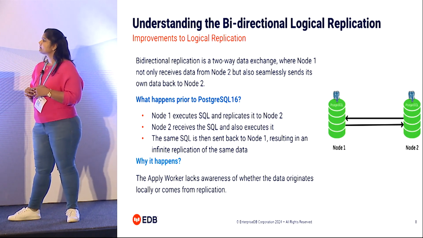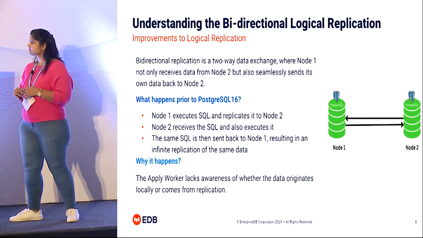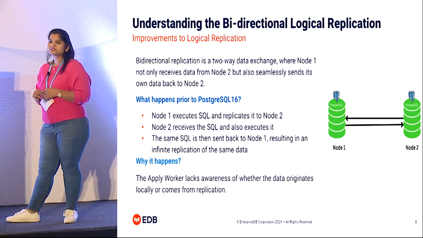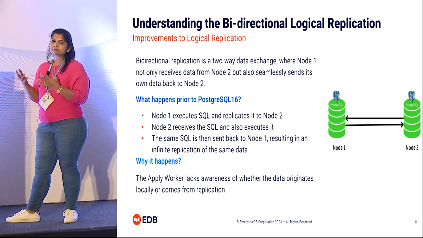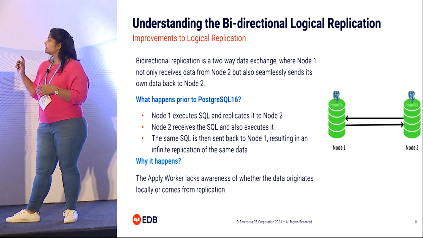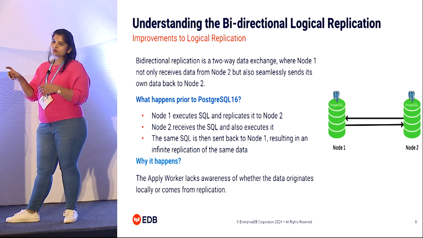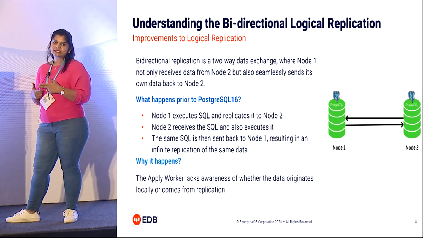So before this PostgreSQL version, what happens is, for example, an SQL statement is executed in node 1 and sent to node 2, and in node 2 its changes are applied. Now since node 2 is also a publisher, it is going to send the same data back to node 1, and this will result in an infinite loop of exchange of the same data.